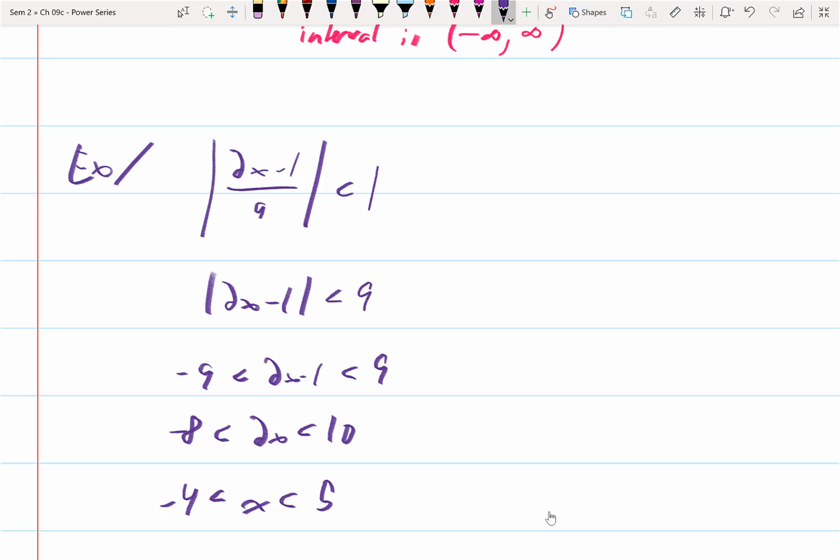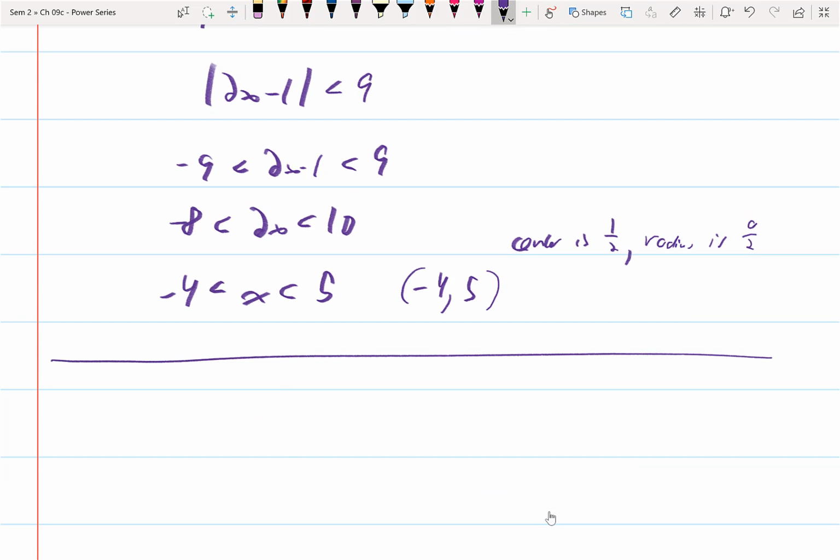So given that interval of -4 to 5, we would say that the center is at the average of those, which is 1/2, and the radius is half of 9, 9/2. So that's just kind of a little thing for you.